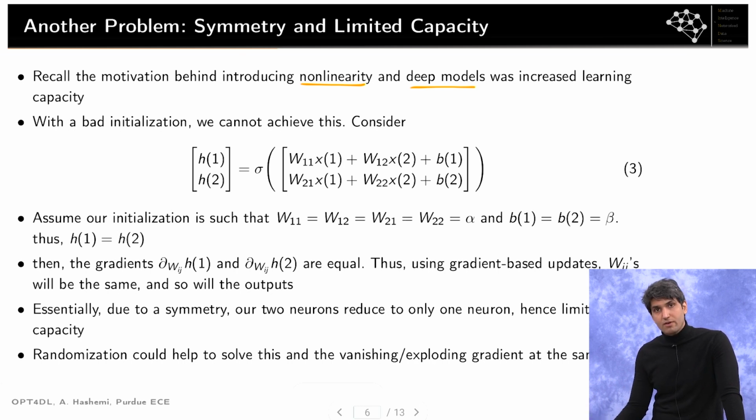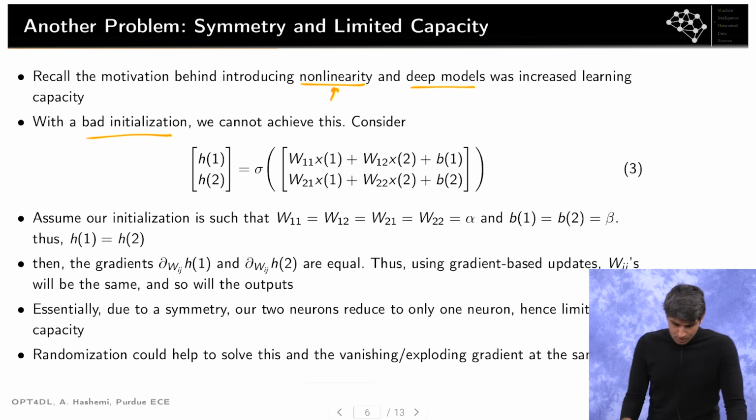So the performance of a deeper model hopefully is better than a shallower one. And we specifically talked about the role of nonlinearity in ensuring that we have a higher capacity, so that if you have a linear activation, our network basically collapses into a linear model. But a similar behavior could happen when we have bad initialization, meaning that we're not going to enjoy a high learning capacity.